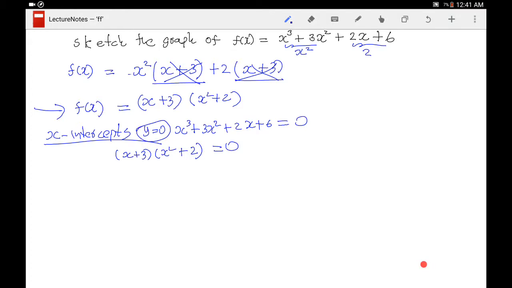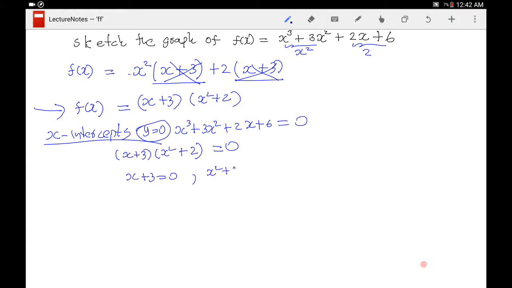So you set y to 0, and you get x cubed plus 3x squared plus 2x plus 6 equals 0. To solve this equation, I can use the factoring techniques. Actually we did the factoring in the first step, so we can use that factored form here: x plus 3 and x squared plus 2. Then you can set each factor to 0.